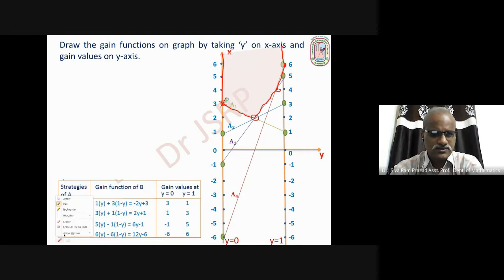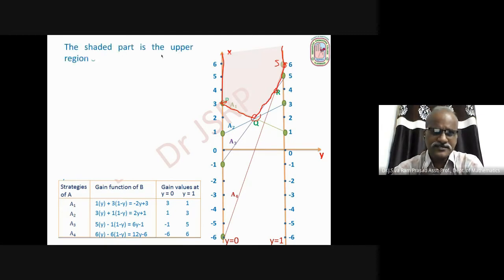Give them names: this is P, this is Q, this is R, and this is S. The shaded part is the upper region of the graph, with 4 intersection points P, Q, R, S.